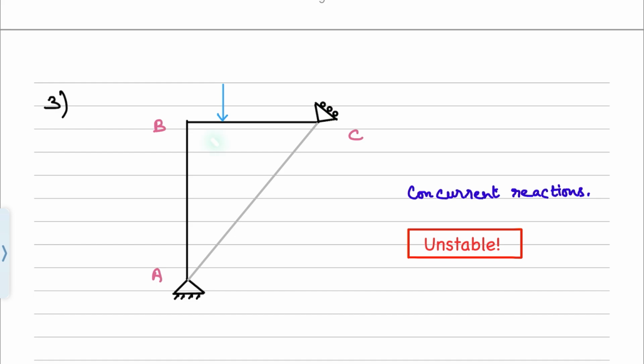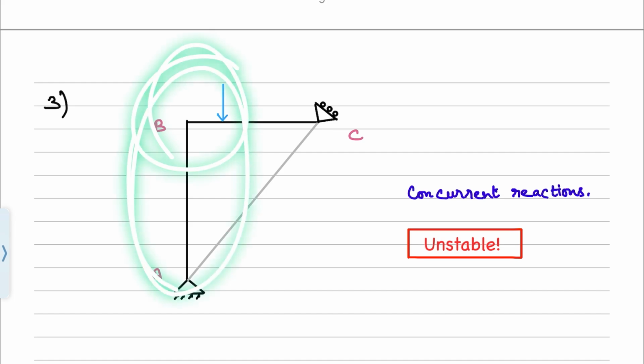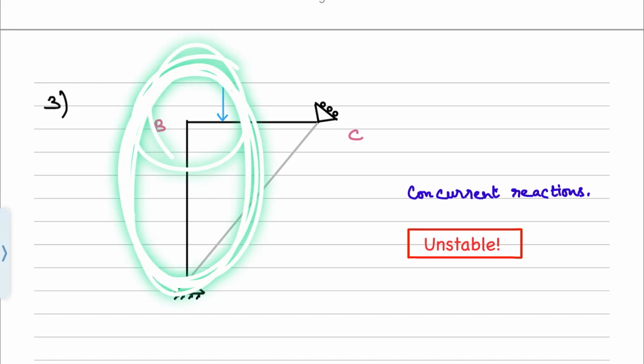So if I apply a load like this here, and then want to check the summation of moment equal to 0 about point A or point C, it is obviously not met. If I want to establish sigma of moment about point A equal to 0, it is not met because this force gives a non-zero moment.